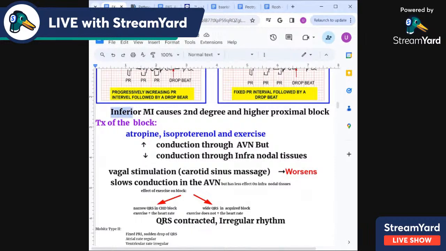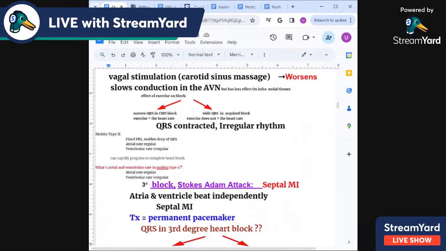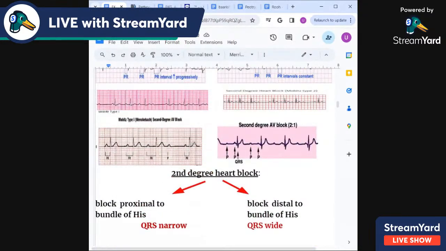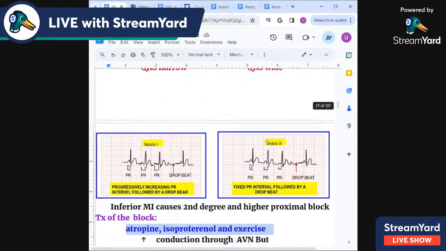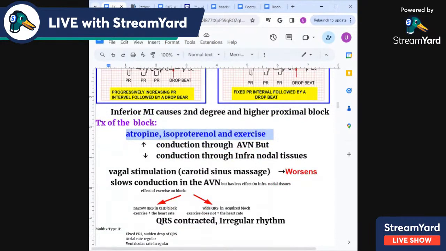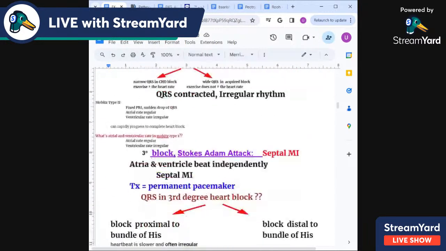The treatment of the block is atropine, isoproterenol, and exercise. So the QRS is narrow in these, right? The rhythm is irregular and the P is present with a drop beat in between, with PR interval increase in Mobitz type 1 and fixed PR interval followed by a drop beat in Mobitz type 2.